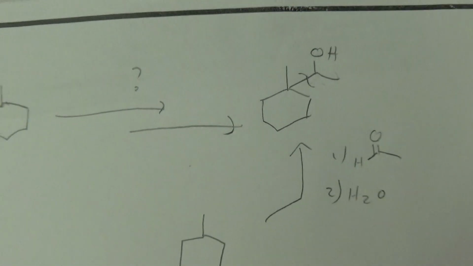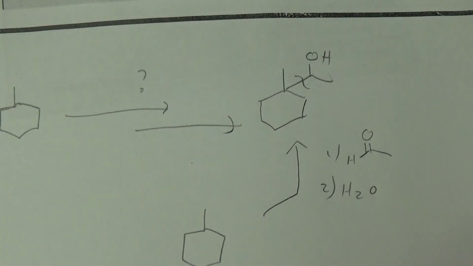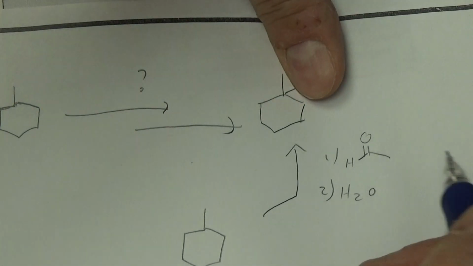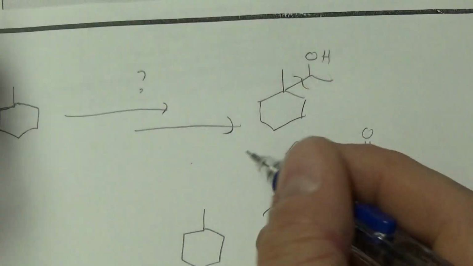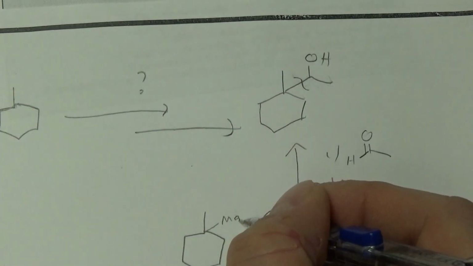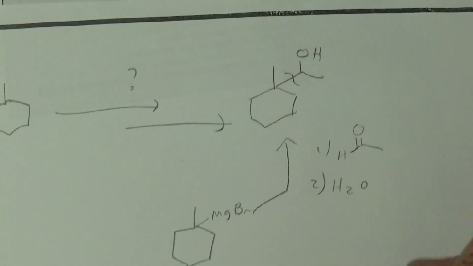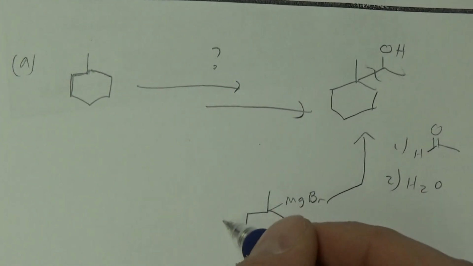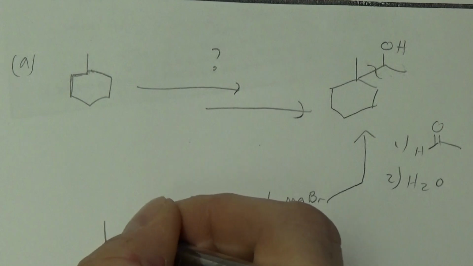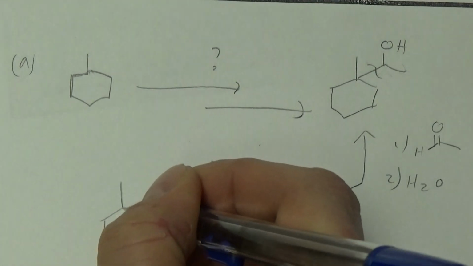Alright, so then for the other part, we get our thumb or hand or whatever to cover the other side, and we're like, well, that's going to be the Grignard side. So that would be this with an MgBr. Great. We're not done yet, we've got to keep going backwards. So how do you make a Grignard? You make a Grignard from the bromide.